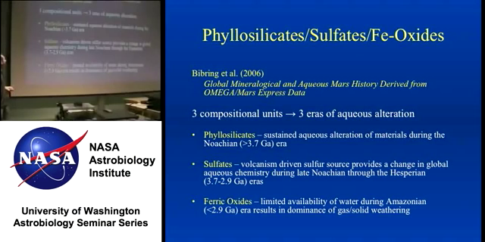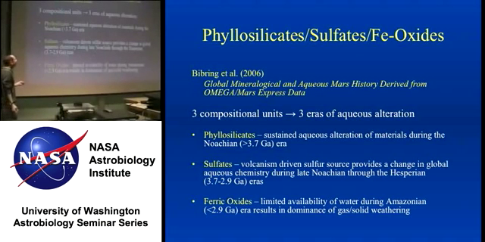And then the second part of this was that at some point, Mars changed its global aqueous environment from something with relatively moderate to high pHs, and we had a volcanism-driven sulfur source. Volcanoes release lots of sulfur-rich gases, and that could create an acidic environment which would change the global aqueous chemistry.